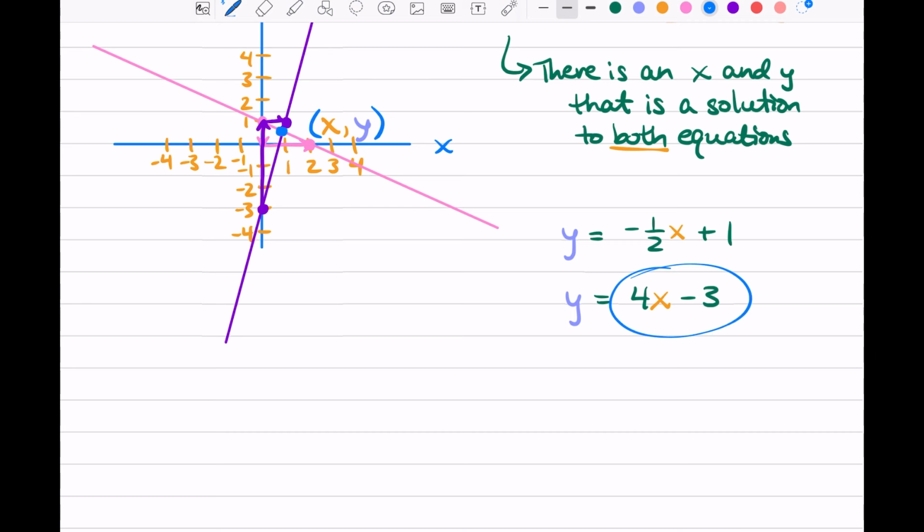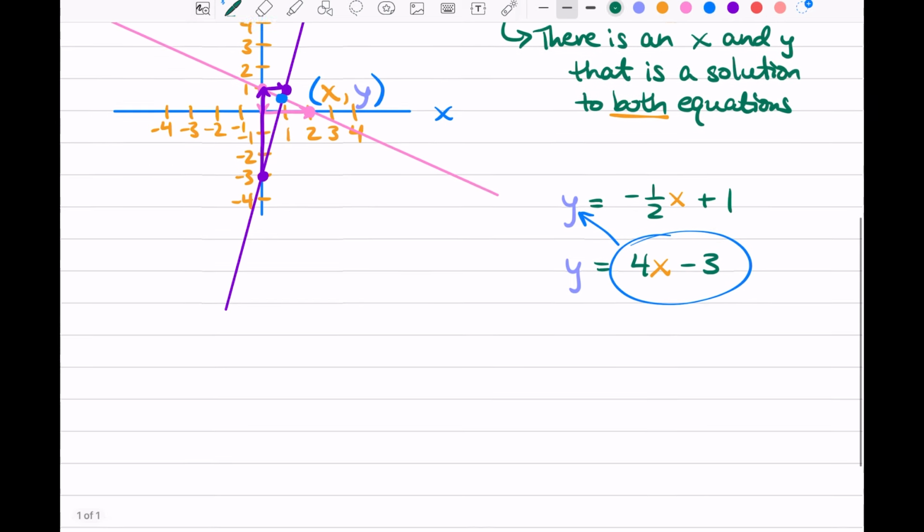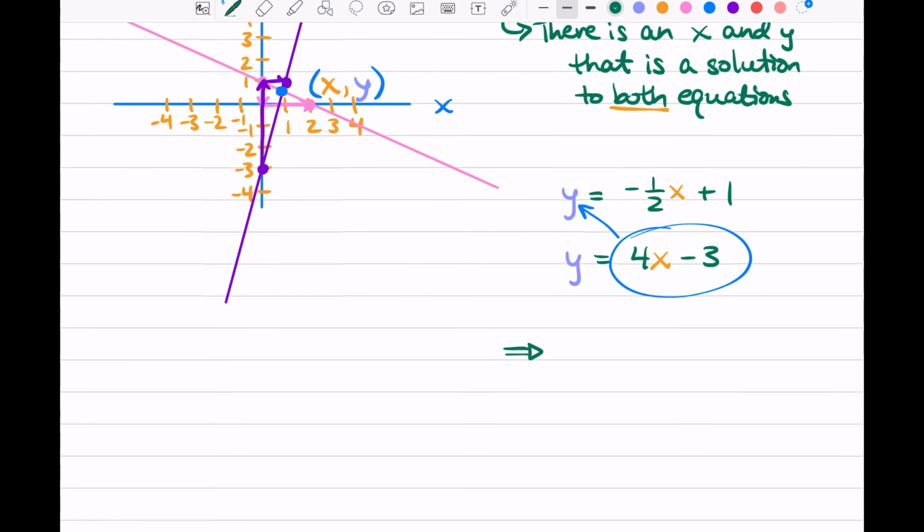So we can take this 4x minus 3 and substitute it in our first equation. So let's go ahead and do that. We'll have 4 times x minus 3 equals, and so doing this, substituting that 4x minus 3 into the first equation, that leaves us with an equation with just x.